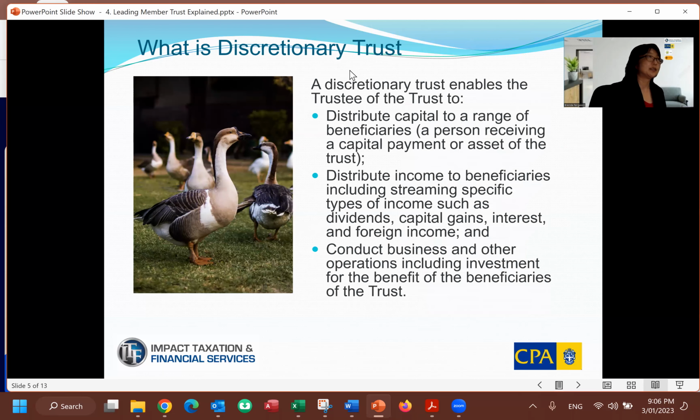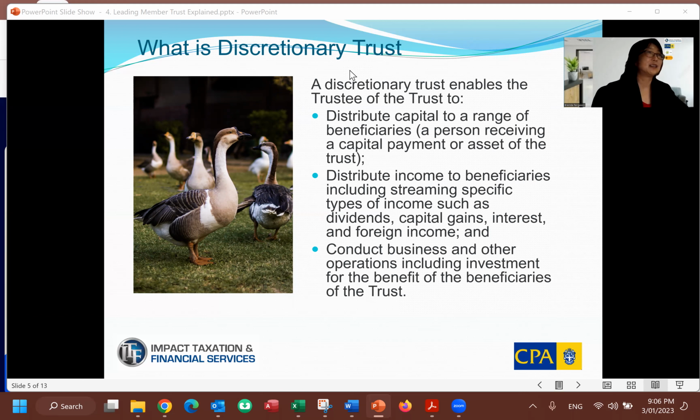First of all, let's have a look at what is a discretionary trust. A discretionary trust enables the trustee of the trust to distribute capital to a range of beneficiaries. A beneficiary is a person receiving a capital payment or asset of the trust.